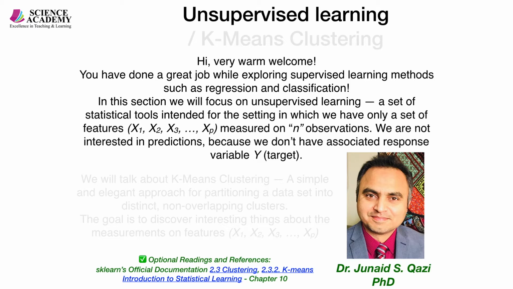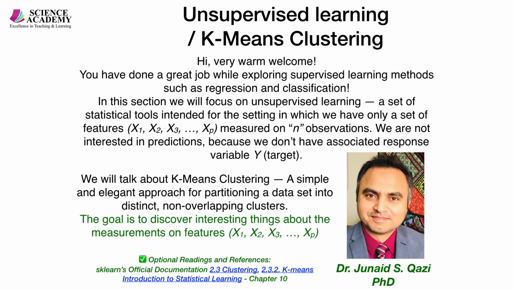So we are only given a set of features measured on n observations. We are not interested in predictions anymore because we don't have an associated response variable, which we used to call a target class. We are not given a target class.